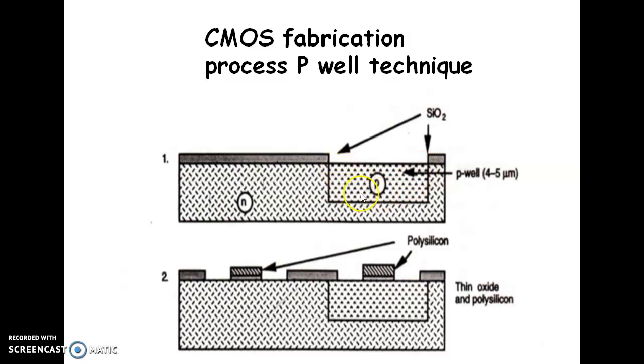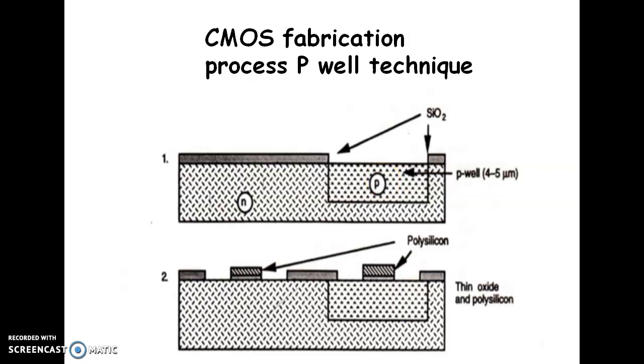This diffusion must be carried out with special care, since the P well doping concentration and depth will affect the threshold voltage as well as the breakdown voltage of the N transistors. Here we are going to form the N transistor, so all this care should be taken.